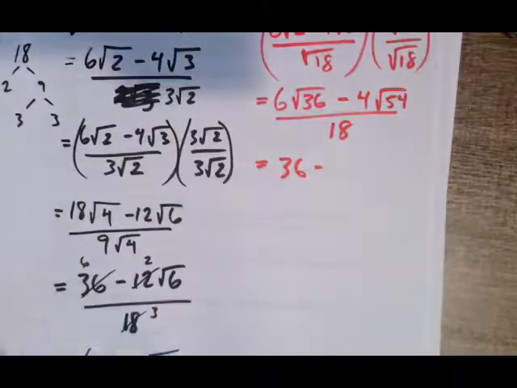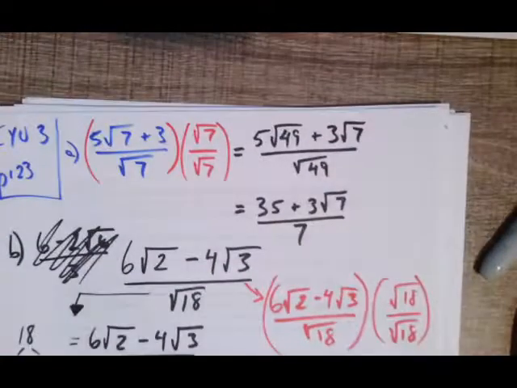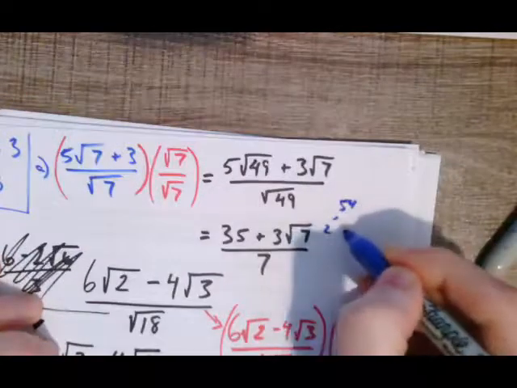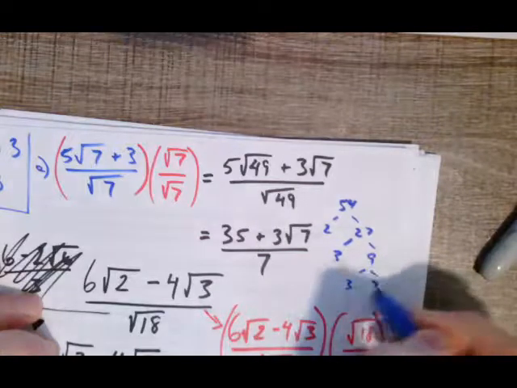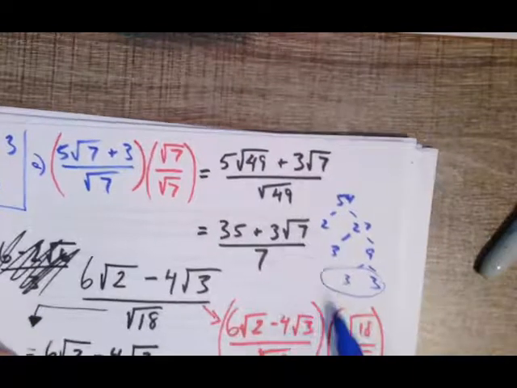Maybe a better question is, where are we going to deal with this? I'm just going to do it up here. 54 is 2 times 27, which is 3 times 9, which is 3 times 3. So root 54 is 3 root 6.